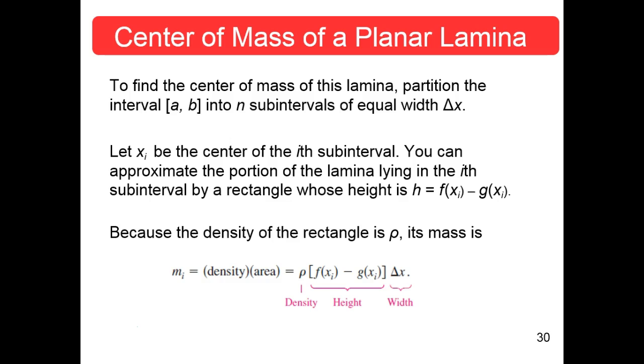The height there is f of x sub i minus g of x sub i, just like we did before. The density of the rectangle, rho, times the volume. The volume would be the height times the width. It doesn't look a whole lot different from what we did before. That's, again, mass.